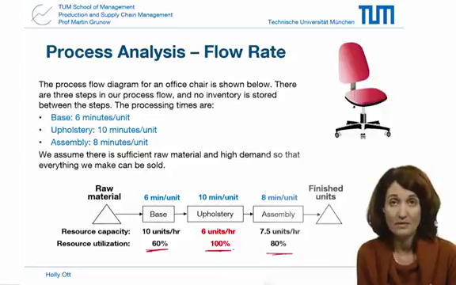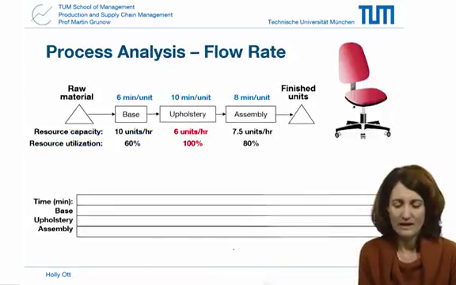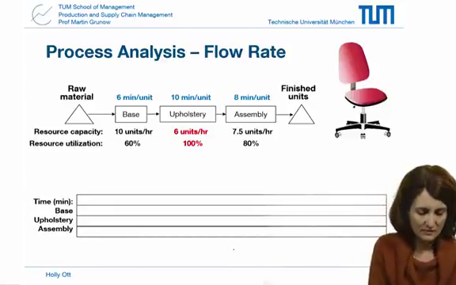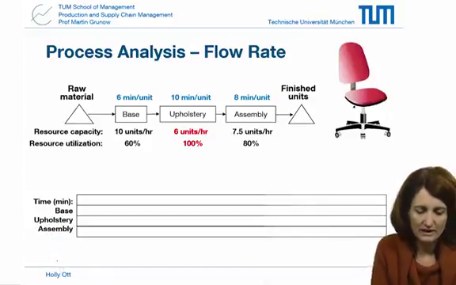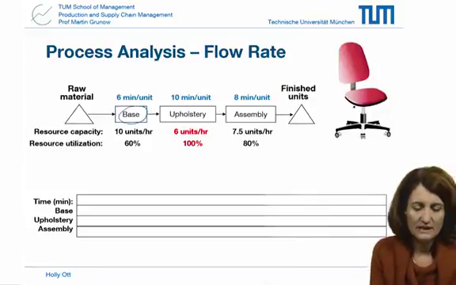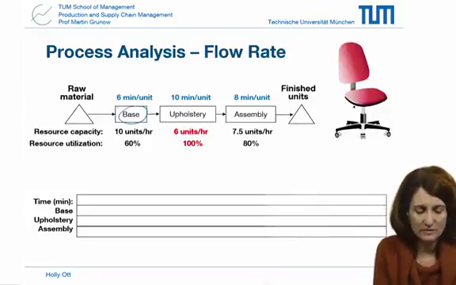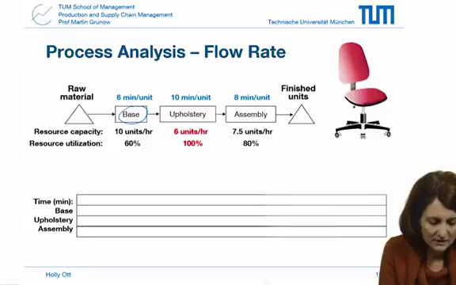Now, again, let's try to do a kind of rough Gantt chart here. Last time I drew this out so messy. If we say the base, so here's my base, it takes 6 minutes per unit. So time goes by here: 1, 2, 3, 4, 5, 6.